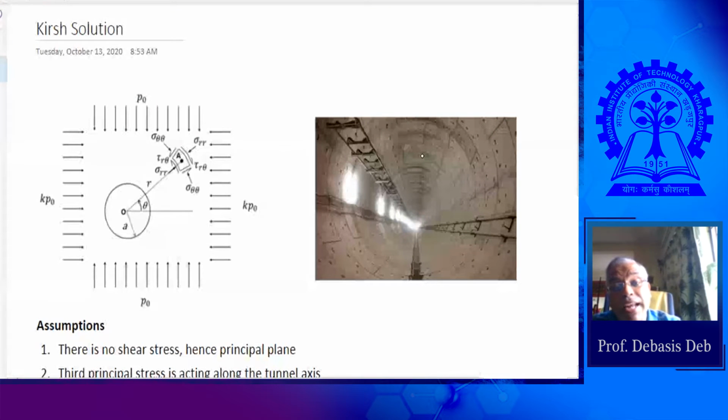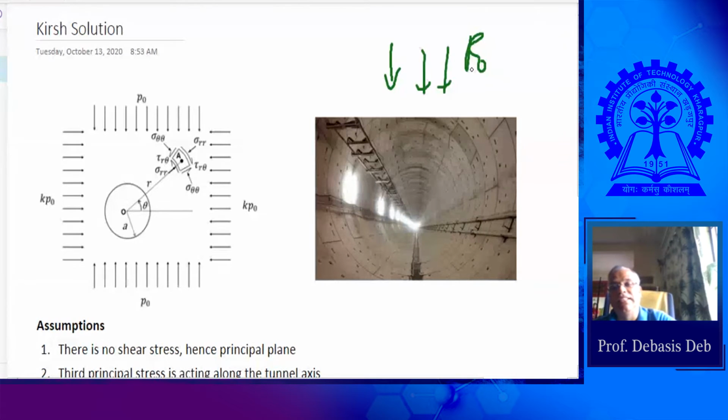Now, if I take a section along this, I will see a section like this, a circular opening. There may be a P naught, which is probably acting like this. This is probably P naught.